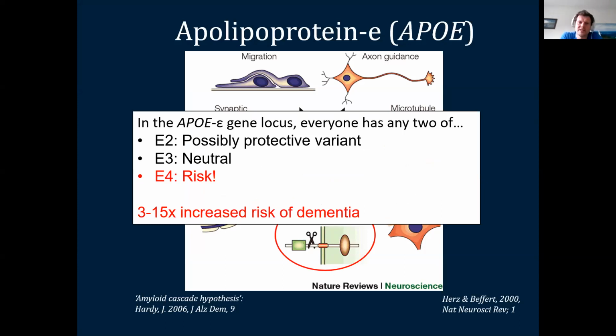So in the ApoE gene locus, everyone has 2 copies of any of E2, E3, or E4 genotypes. So you can have 2 copies of E2, or you can have an E2, E3, E3, E4, whatever. And 1 copy of E4 increases your risk of Alzheimer's disease by about 3 times, and 2 copies increases it by 15 times.